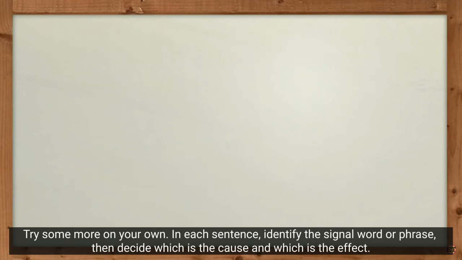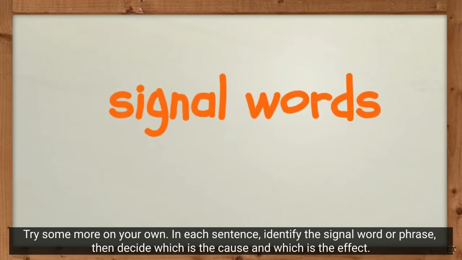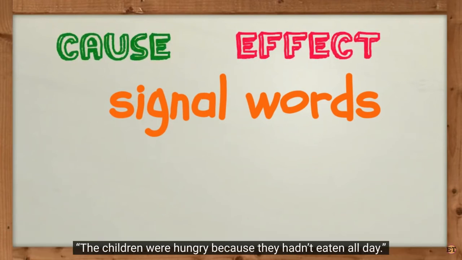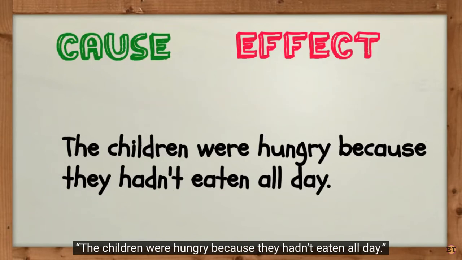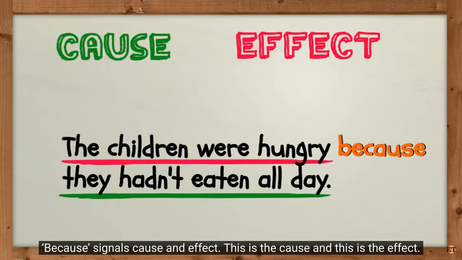Try some more on your own. In each sentence, identify the signal word or phrase, then decide which is the cause and which is the effect. The children were hungry because they hadn't eaten all day. Because signals cause and effect. This is the cause and this is the effect.